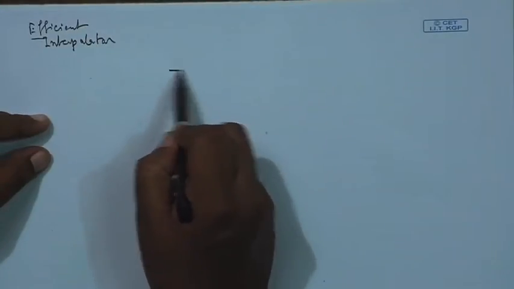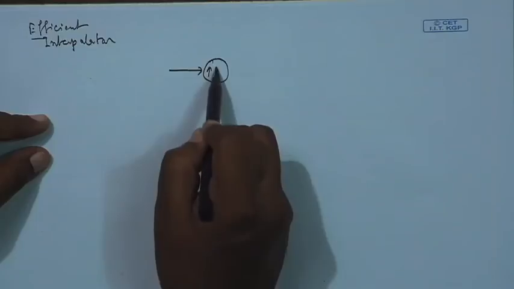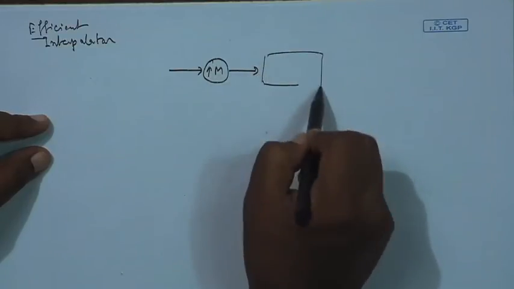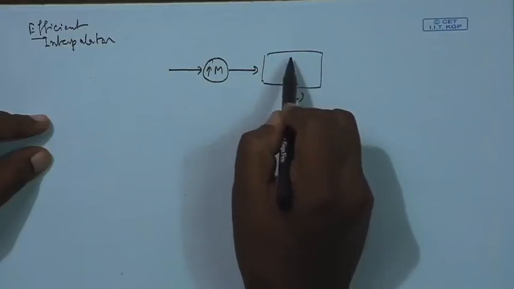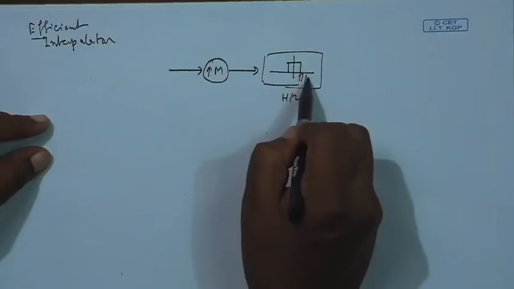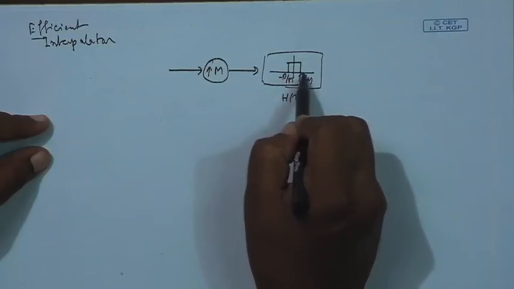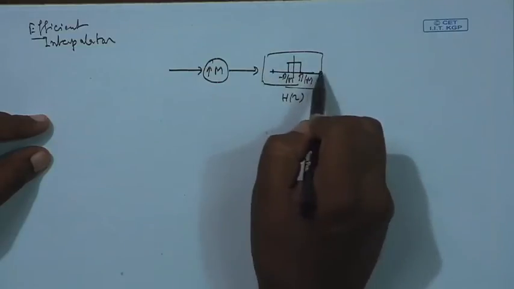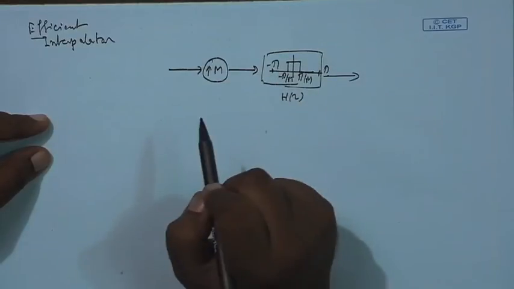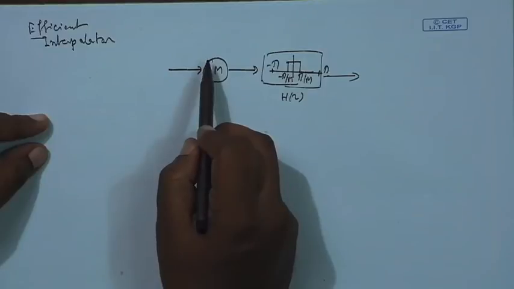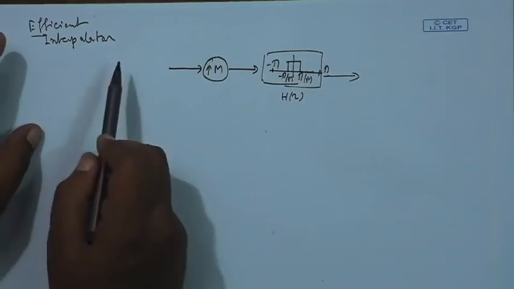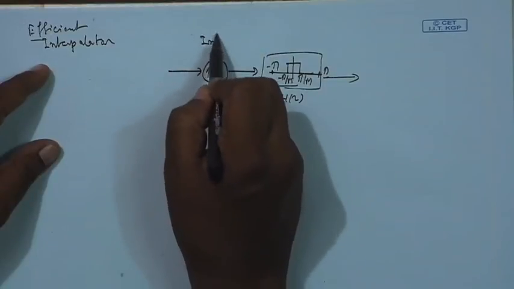We first pass it through an expander, and then you have a filter H(z), whose transfer function is ideally like this: pass band from minus pi by m to pi by m, and then zeros up to pi and minus pi. These are the frequency responses. You first expand by m and then pass it through this filter. If you have forgotten, go through my notes on interpolation.